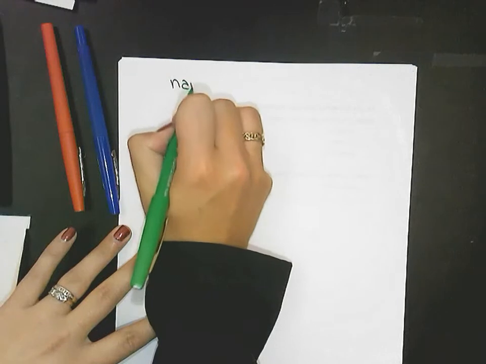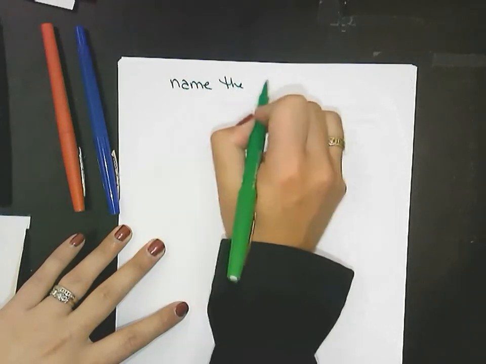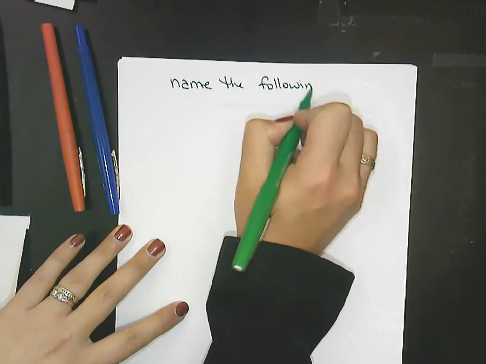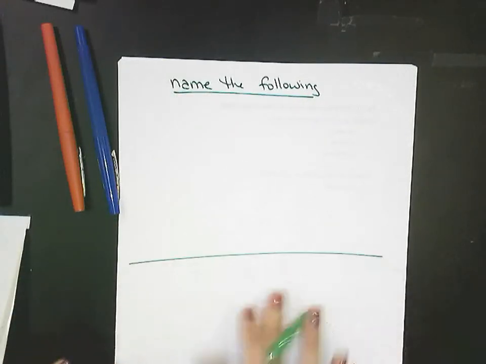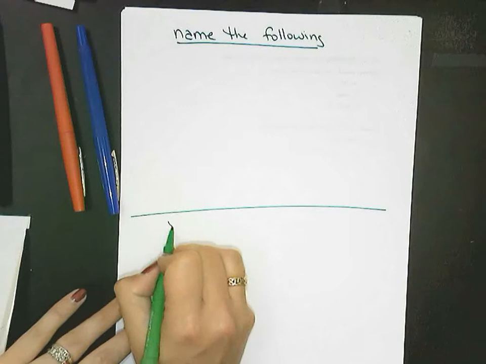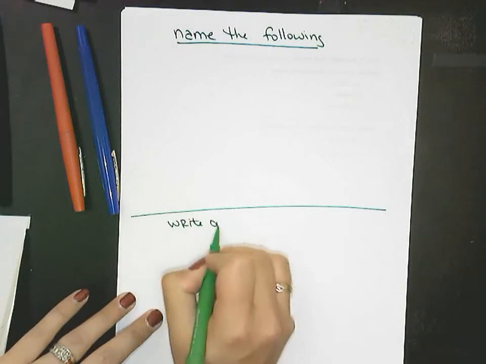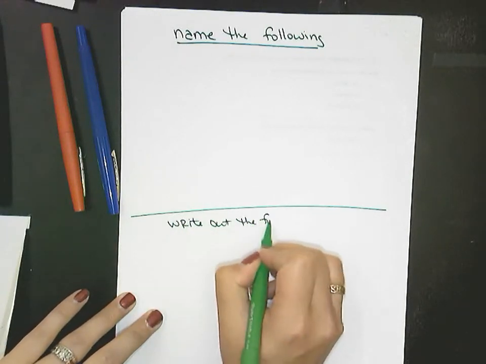Okay, on the test, guaranteed, there's going to be two types of questions. There's going to be a question of this sort. Name the following. And then we're going to do some other ones that are right at the formula, and I'll give you some names.